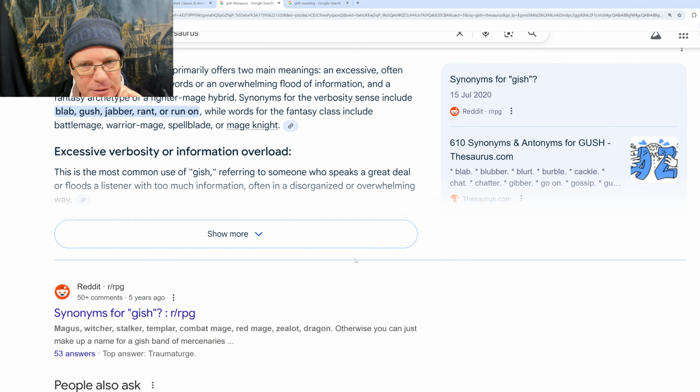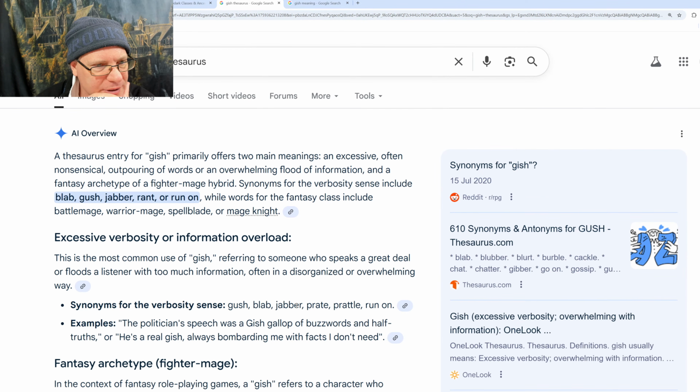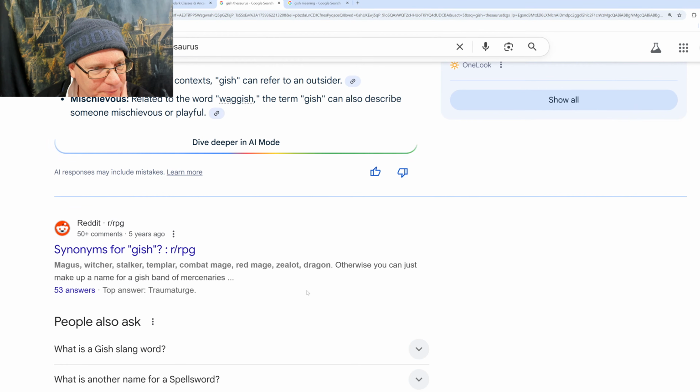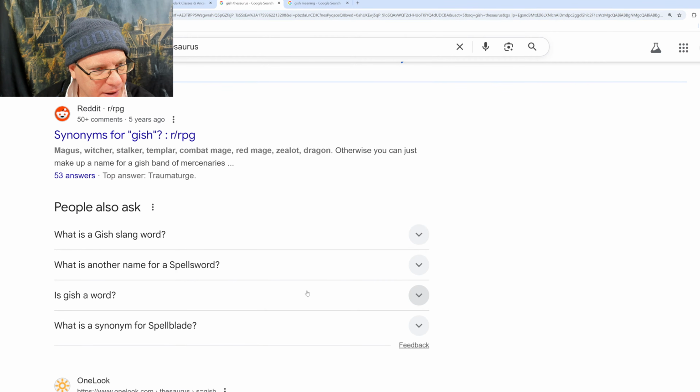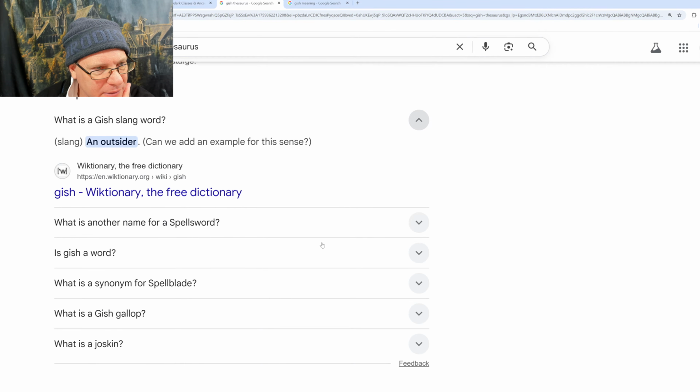We've got Zealot. I don't think that's too broad a concept, that one. Warrior Mage, Spellblade, Mage Knight, Battle Mage, Jabber, Run. None of those really work. Zealots, Gish Slang, an Outsider. Okay.